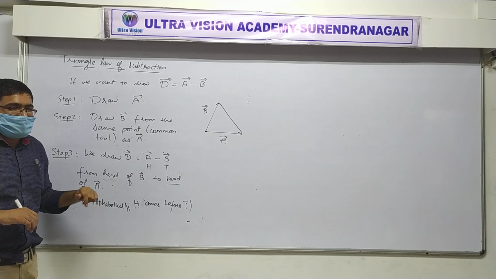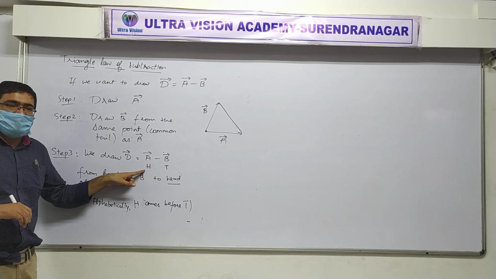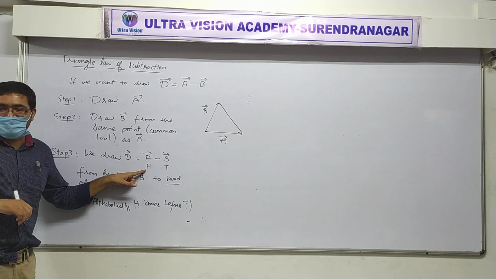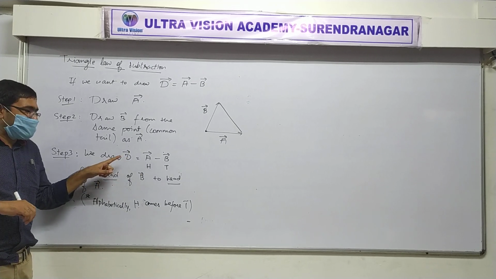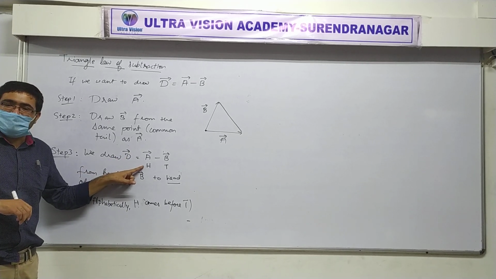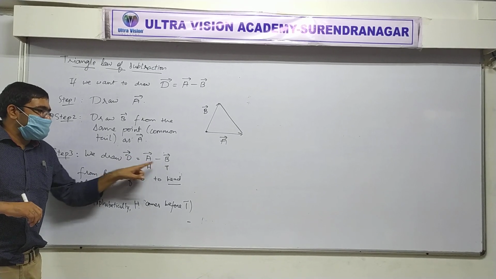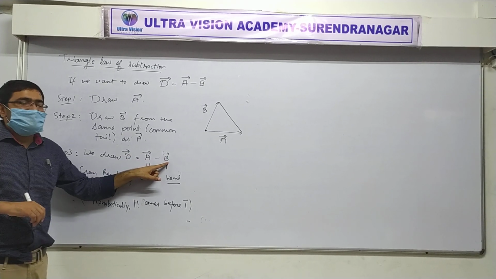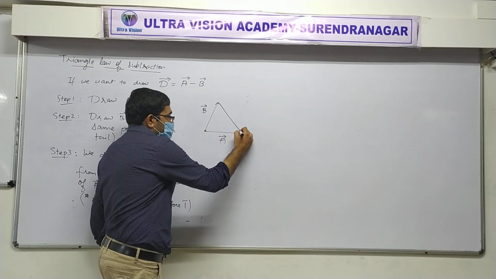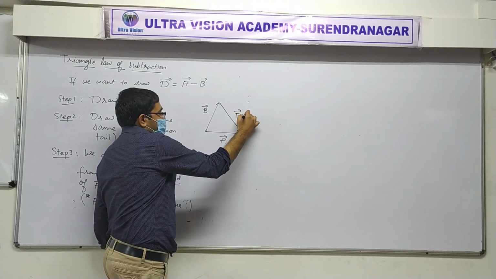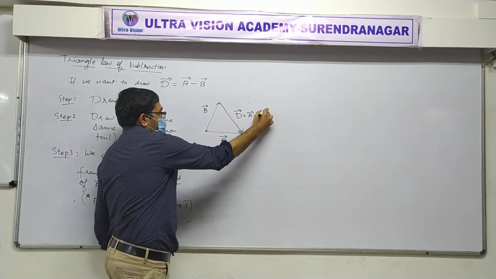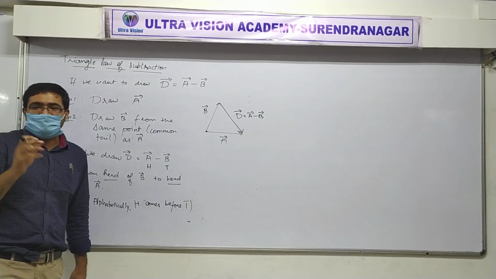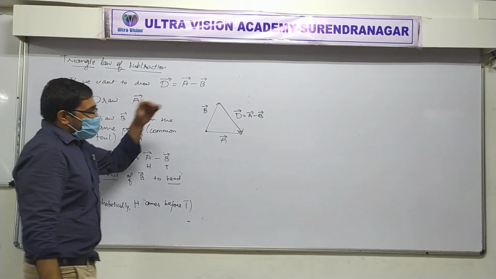A minus B is written, so A is first. Yes or no? So that's where the head of D will be. Did you understand? Where will be the tail of D? It will be at B vector. Did you understand? Or not clear?